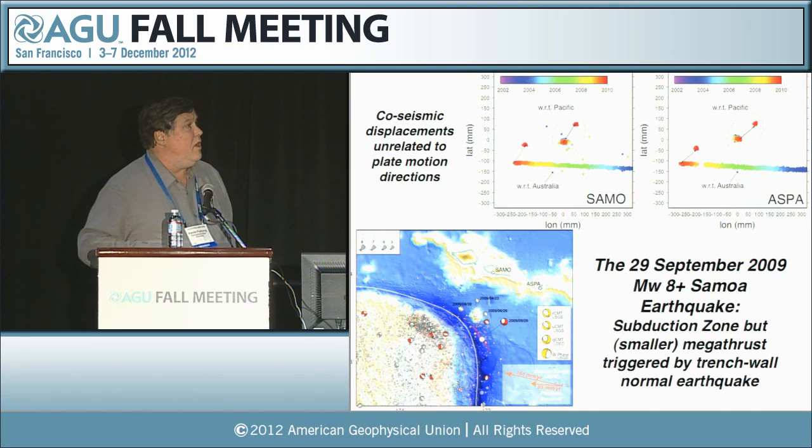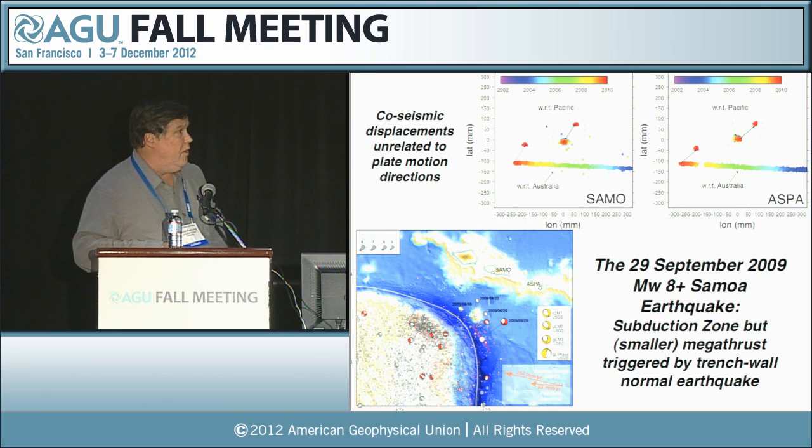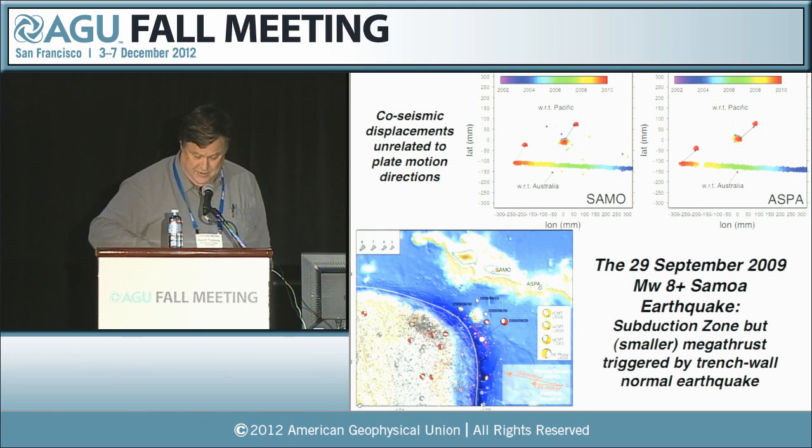When we look at the GPS recorded in Samoa and American Samoa, the coseismic displacements, irrespective of our reference frame, were basically what you'd expect from the normal faulting event. So in the normal faulting event these plates moved to the northwest, but that may also have loaded the interface and helped drive the event there.